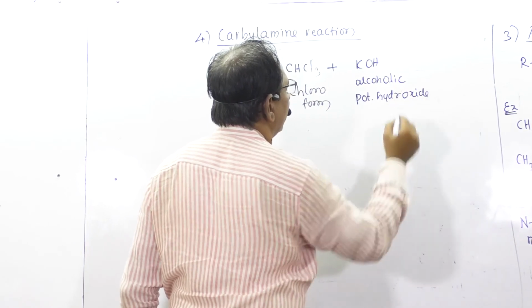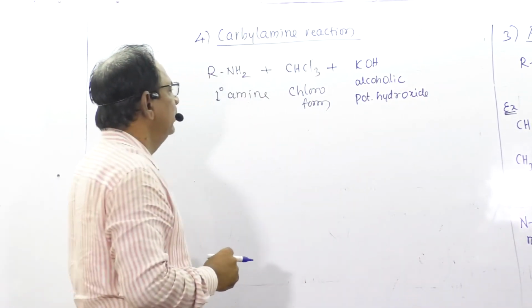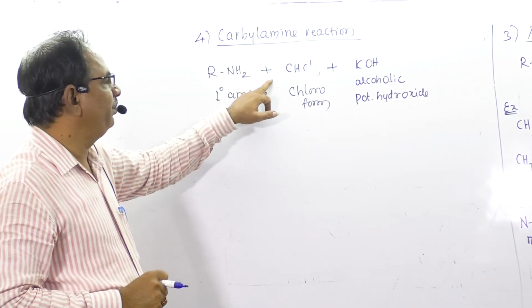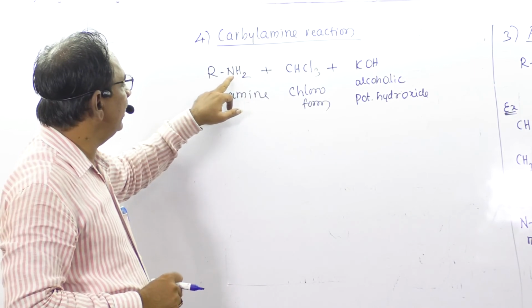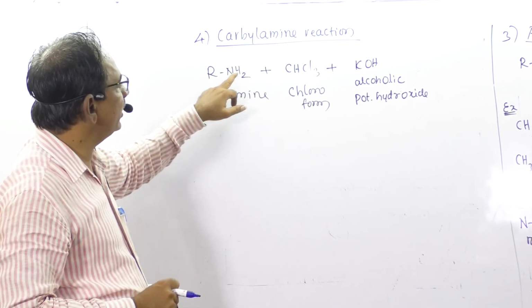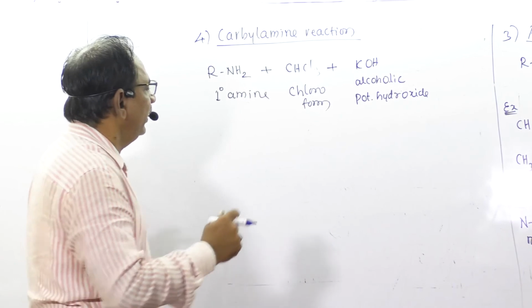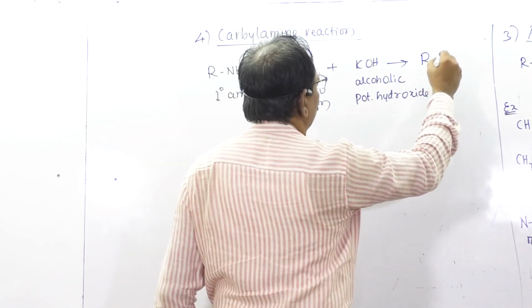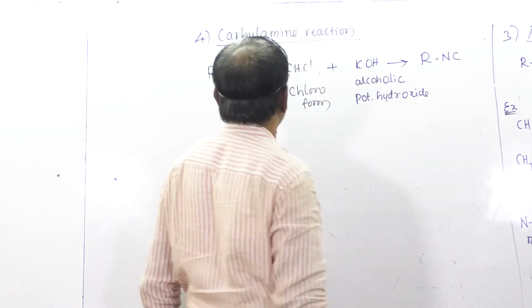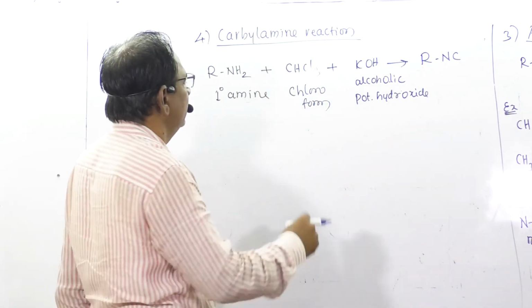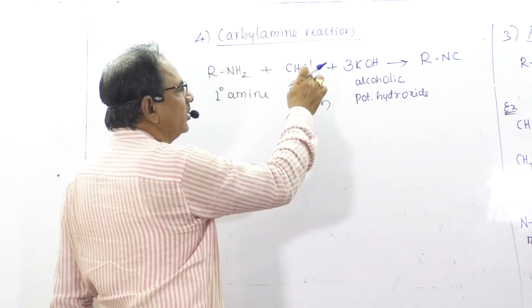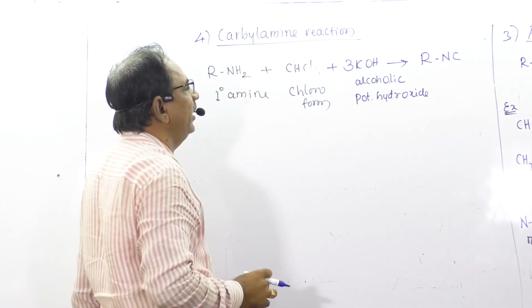When we add alcoholic potassium hydroxide, a rearrangement reaction takes place. The rearrangement reaction here takes place between a nitrogen atom and a carbon atom, that is to form RNC. So here 3 molecules of KOH are used because 3 chlorine atoms are there in the reaction.